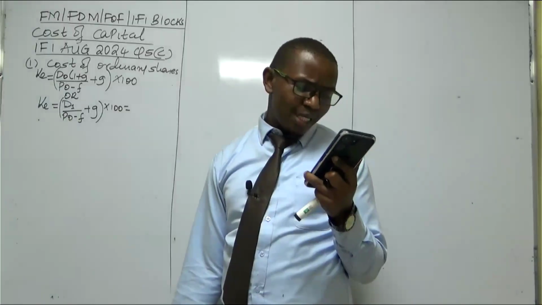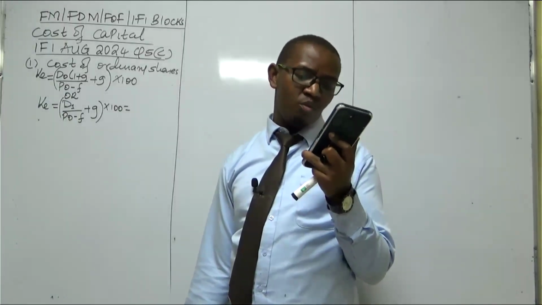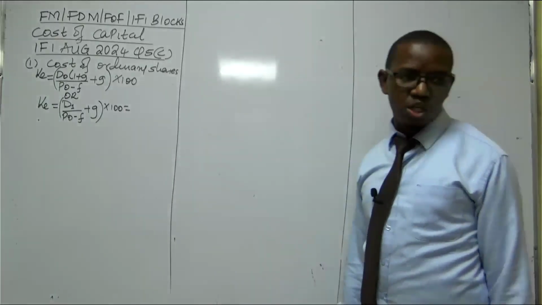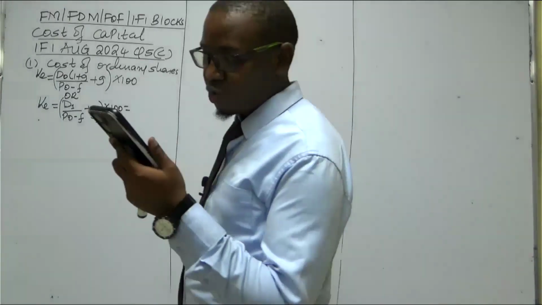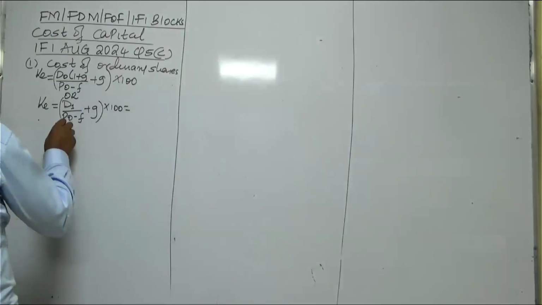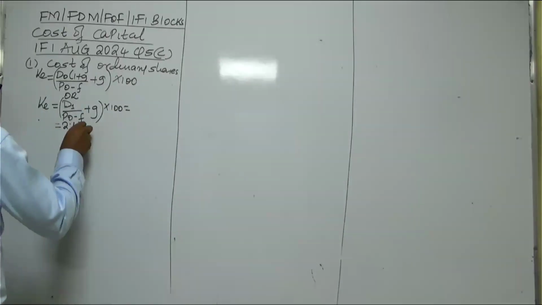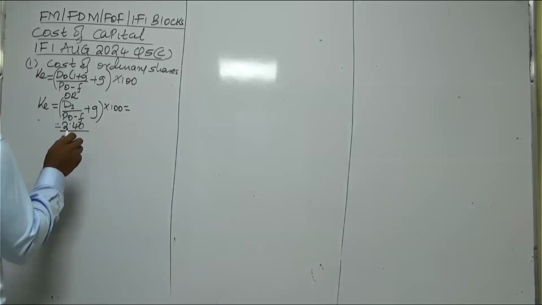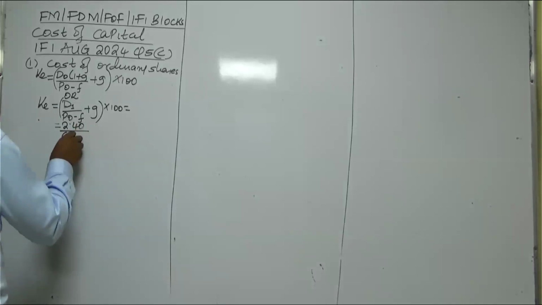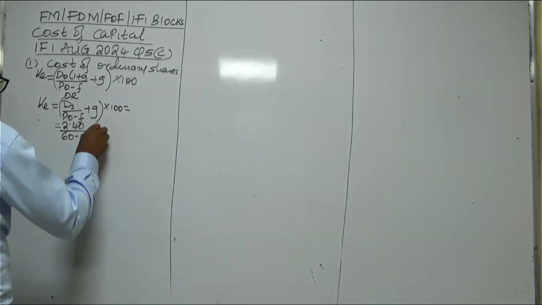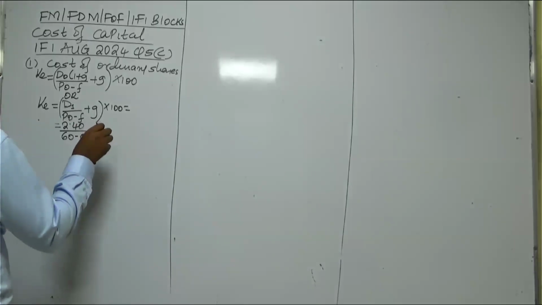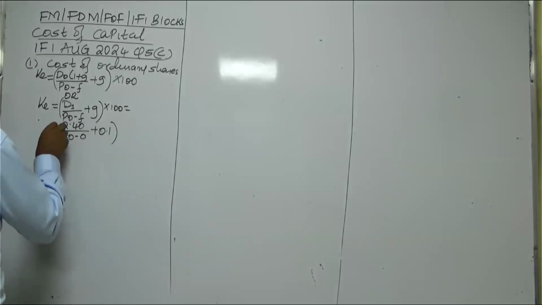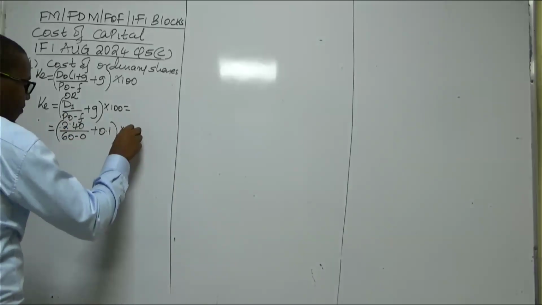And our expected ordinary share dividend next year, we were given 2.4. You divide by the market price, which is 60. No flotation cost, so we just add the growth rate, which was 10%, and then multiply by 100.